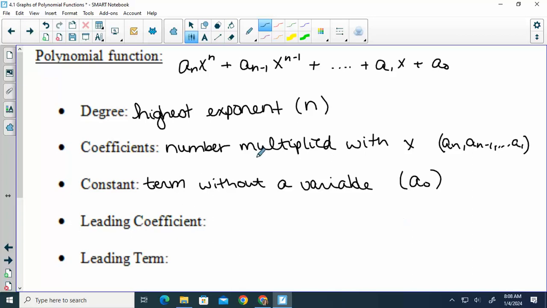The leading coefficient. What is that? The one with the highest degree. So the coefficient of the term with highest degree.